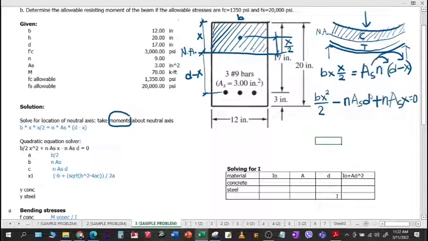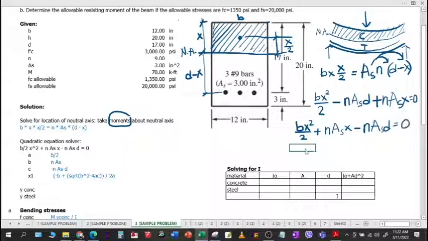To format it like a real quadratic equation, b x squared over 2 plus n A_s x minus n A_s d, and that's equal to 0. So we have x squared, then x, and then the constant. Okay? So that is why this is converted into this formula.